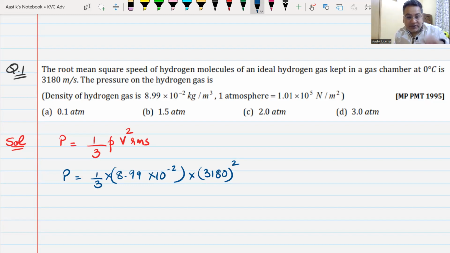Do you understand what I'm saying? Yes, sir. So once you get it, you will get something around 2.8, 2.9 atmosphere, because one atmosphere is given as this much. You will get something around 3.03, and that is your answer, 3 atmospheres.